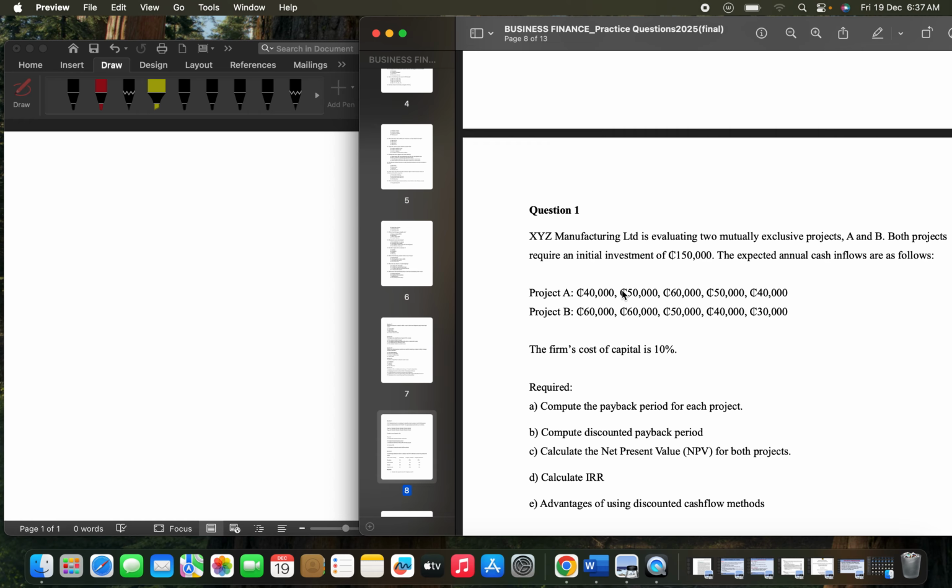Let me copy the amount. So now we can use the whiteboard.